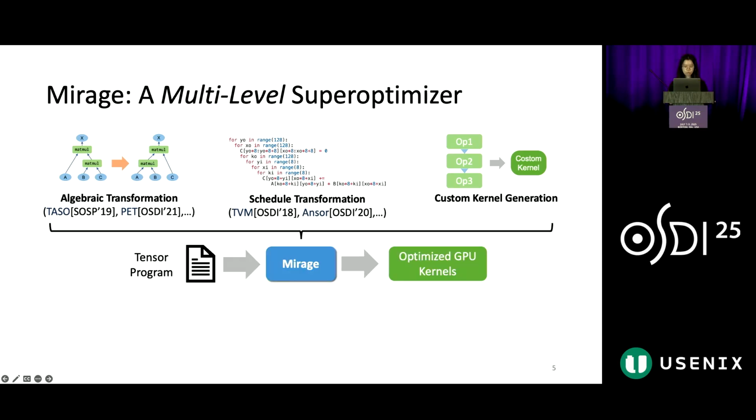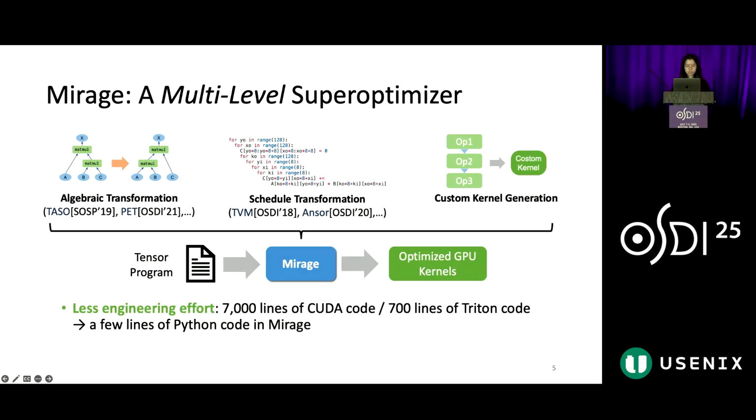In Mirage, we use a holistic approach to perform optimizations across multiple levels of the GPU hierarchy and support all of these: algebra transformation, schedule transformation, and customized kernel generation. The input of Mirage is a tensor program, and the output is a set of optimized GPU kernels to efficiently execute the input tensor program.